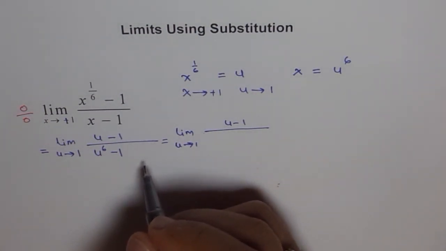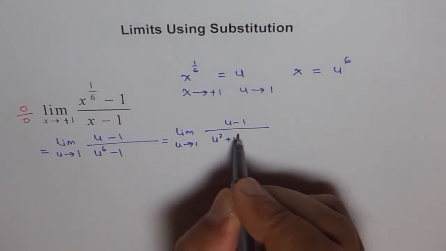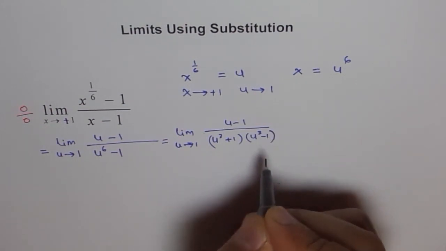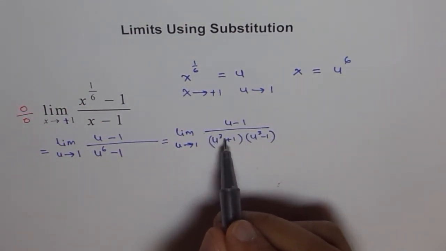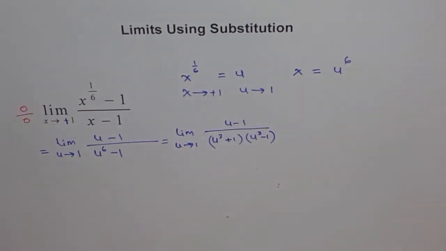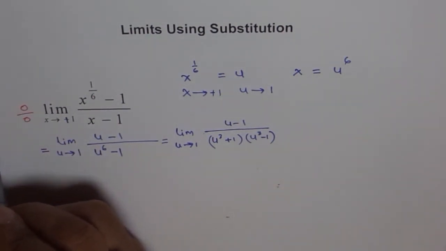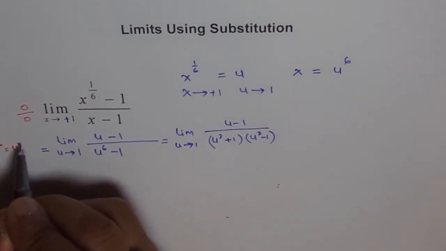Or you could also do it like this: u cubed plus 1 times u cubed minus 1, right? If you expand it, you get u to the power of 6 minus 1. So what we are trying to do here is see u to the power of 6 as u cubed squared.